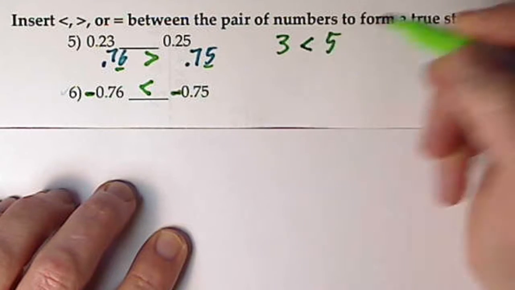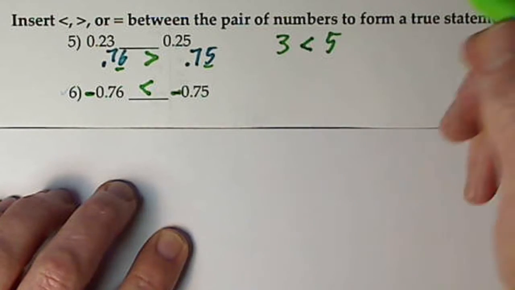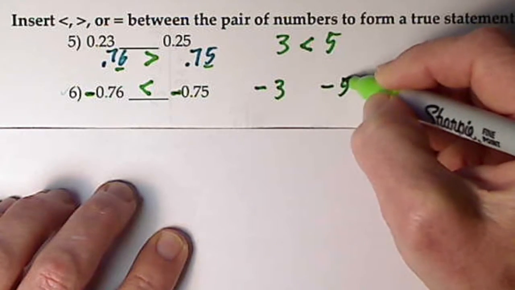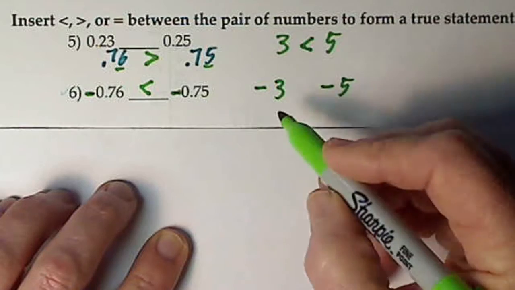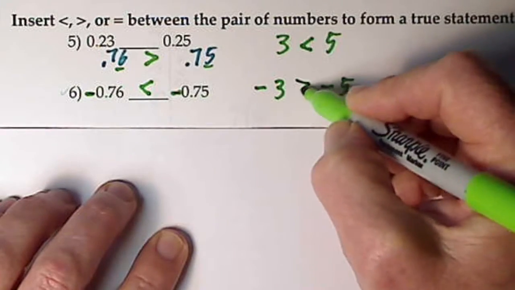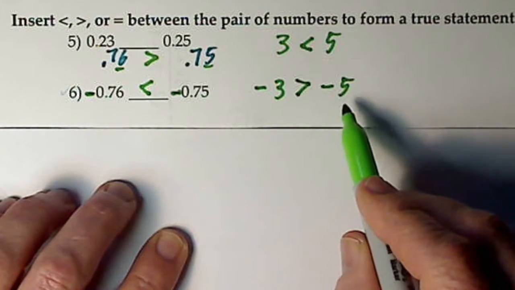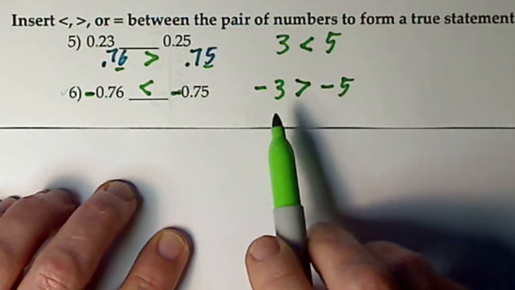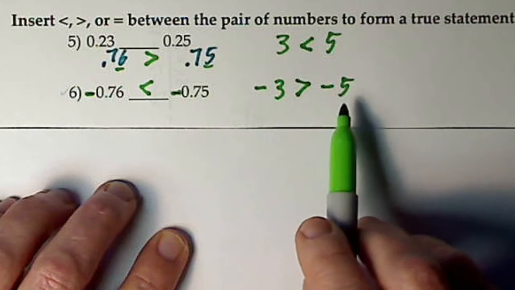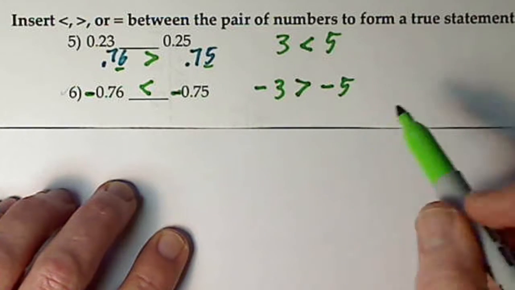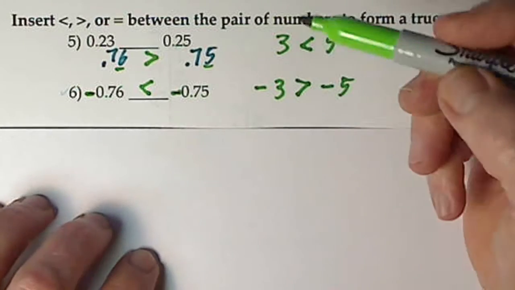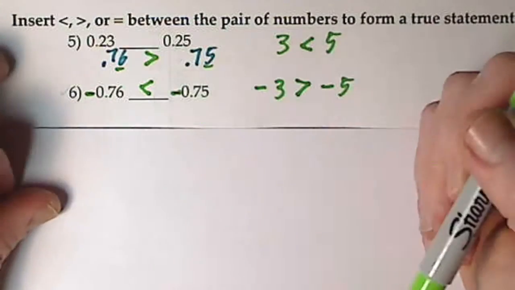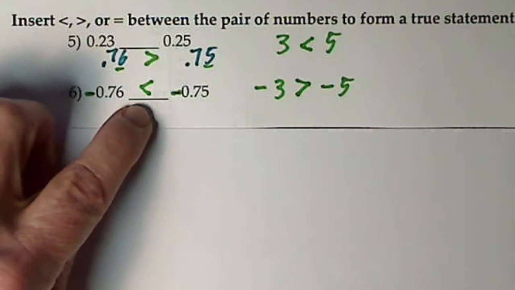Obviously you would say 5 is greater than 3. But if I gave you a negative 3 and a negative 5, negative 3 is greater than negative 5. And you might think of it in terms of, I would rather be $3 in the hole than $5 in the hole. There's different ways to think of it. But again, I usually just consider it with all values positive and then reverse my inequality sign.